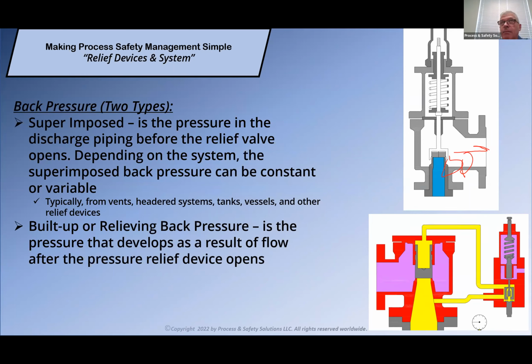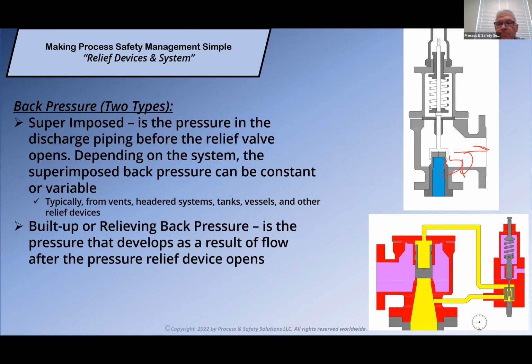Say I have a relief valve with an outlet connection of 1 inch, and I'm going 50 feet in a line that's 1 inch in diameter. There's going to be significant pressure drop in that line for that 50 feet.